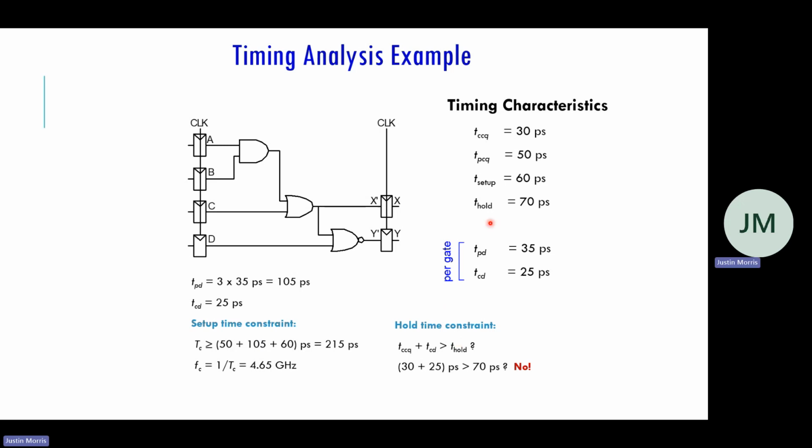So if we look at our contamination clock to Q, 30, and then our contamination delay of the combinational circuit is from D to Y, 1 gate. 1 gate is 25 picoseconds. So 30 plus 25 gets me 55 picoseconds. And if I put in the hold time for the flip-flops, it's supposed to be 70 picoseconds.